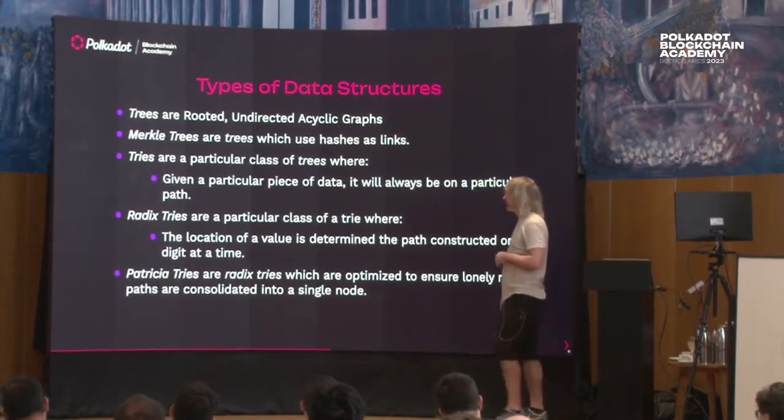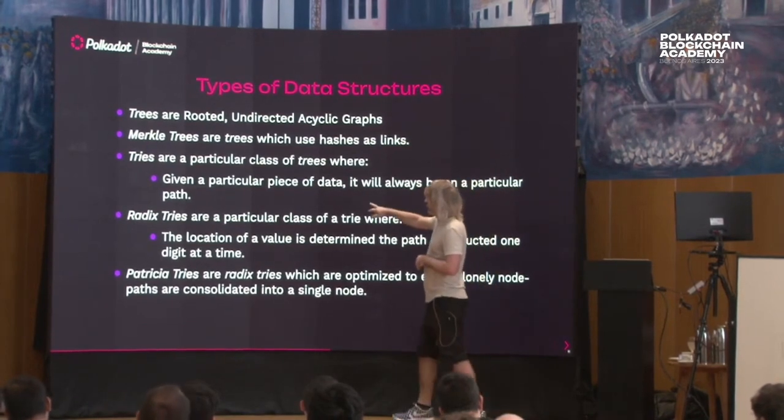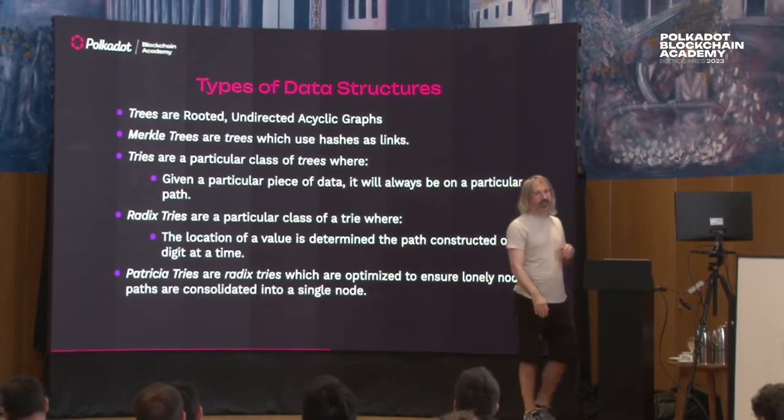Basically, a trie is a tree where if you're looking for a piece of data inside of it, you already know which route to take through it by virtue of knowing the data. There are trees where that's not possible.